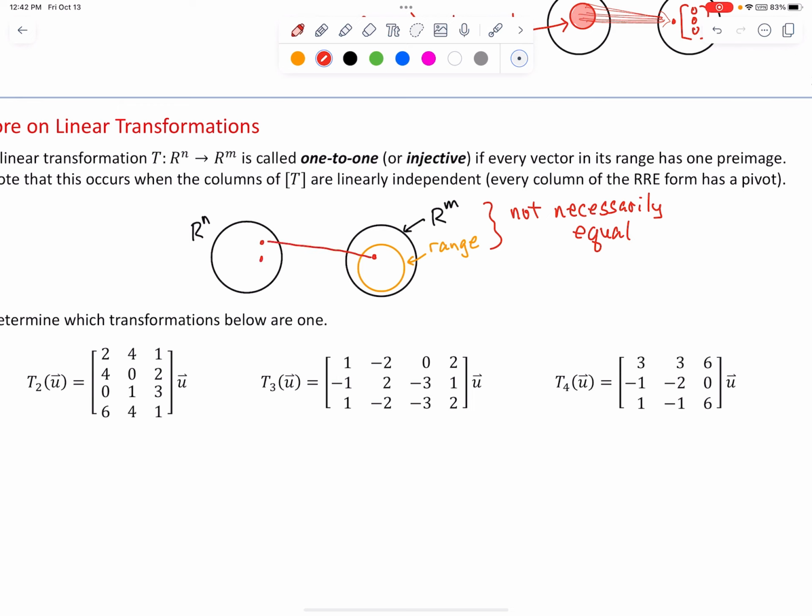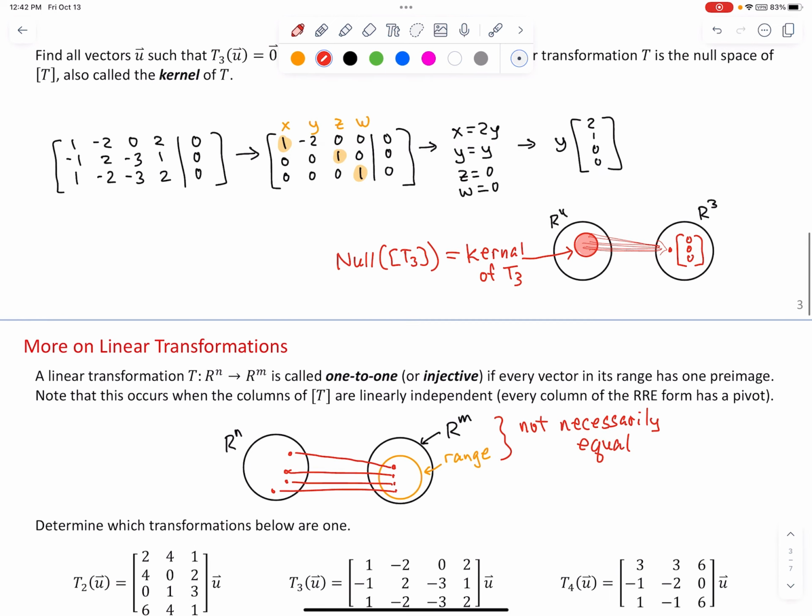So this would not be allowed to have two vectors in the domain mapping to the same vector in the range. Not allowed if this is one-to-one. So all the different vectors in the range can only have one preimage each, somewhere in the domain. So the example above, here we had a vector in the range, but it had infinitely many preimages. So the transformation above in the previous page is not one-to-one.